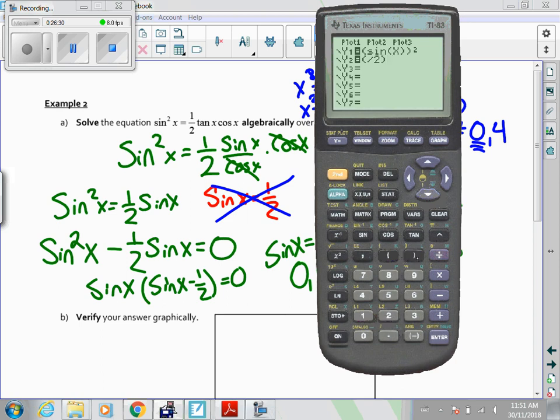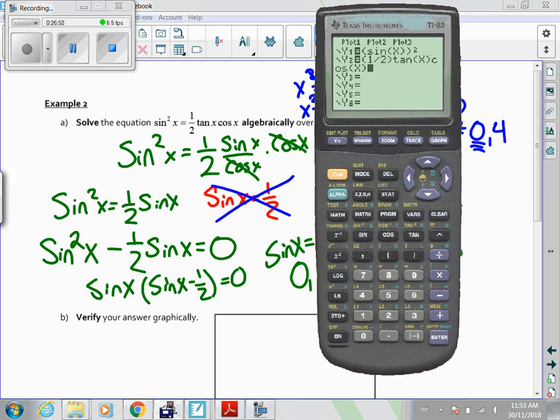Now again, if you have the fancy TI-84, you can do that whole fraction template there.